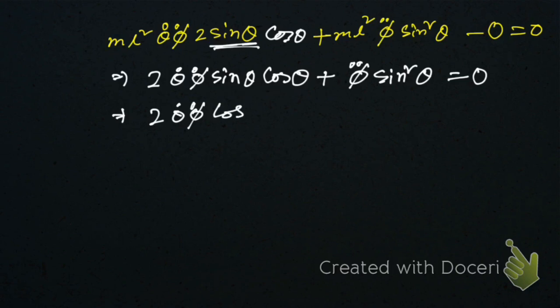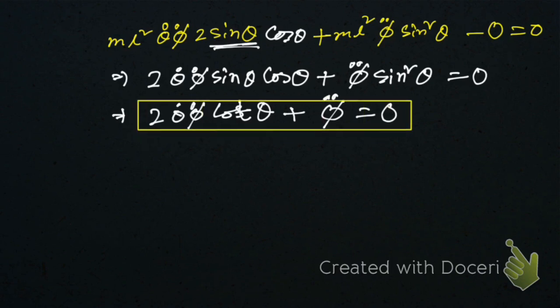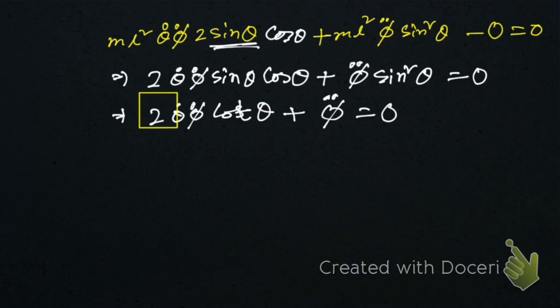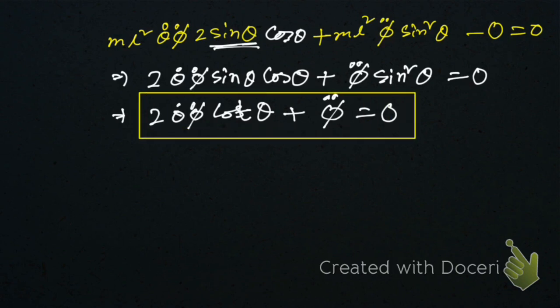So here we will get cot theta, and on the other side we will get phi double dot in this term, dividing it by sine square theta. So this is the second equation that we needed to find. So this is the second equation of motion of the spherical pendulum.